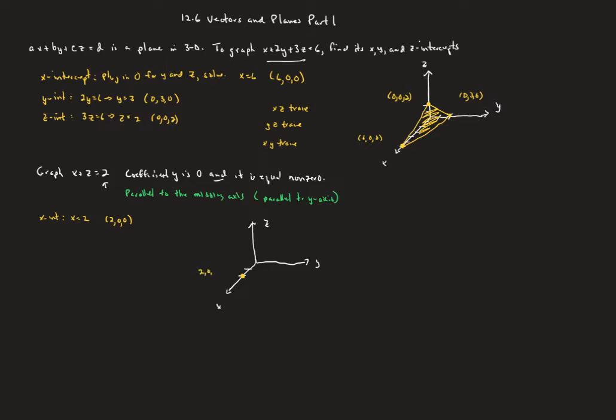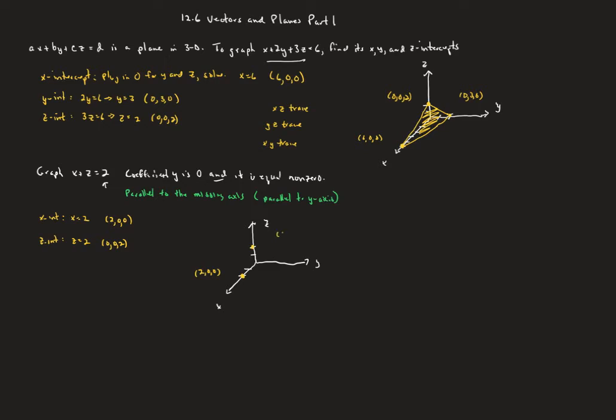It's parallel to the y, so it's not going to touch the y at all, but we will have a z-intercept. Plugging in 0 for everything but z, z also is 2, so we get the point 0, 0, 2. I'm going to go up 2 and put a point there.